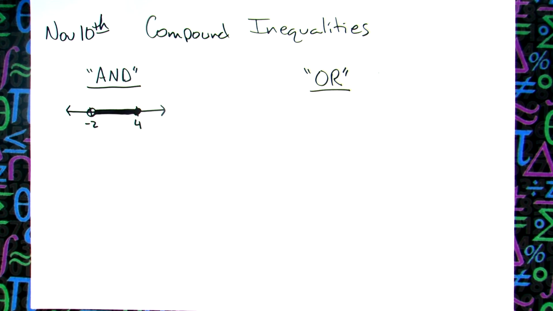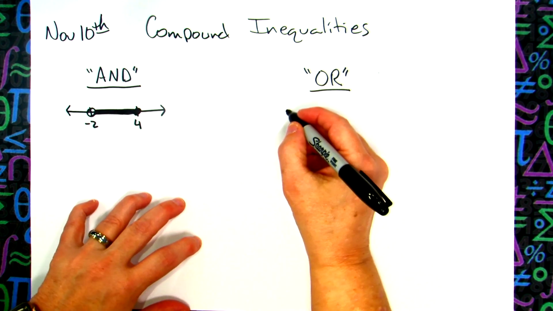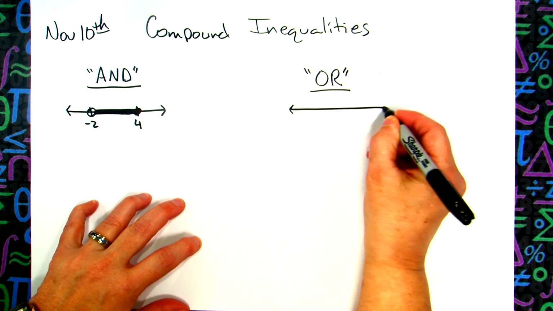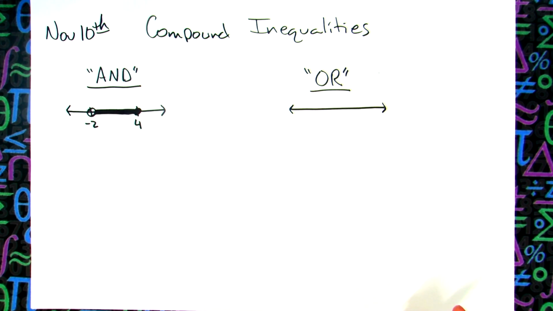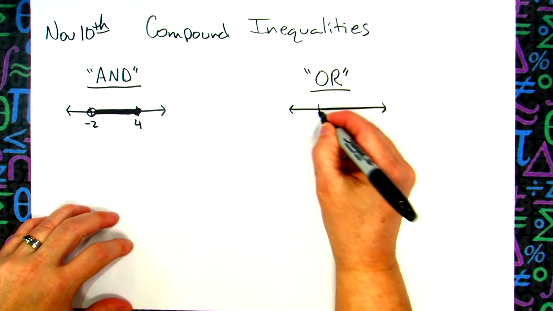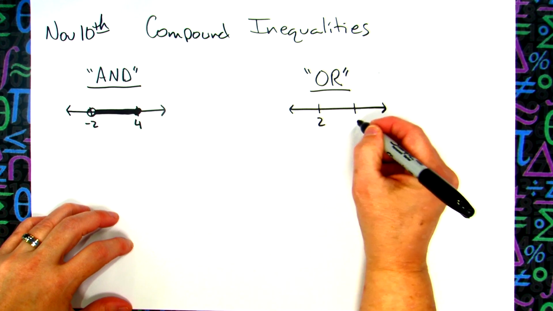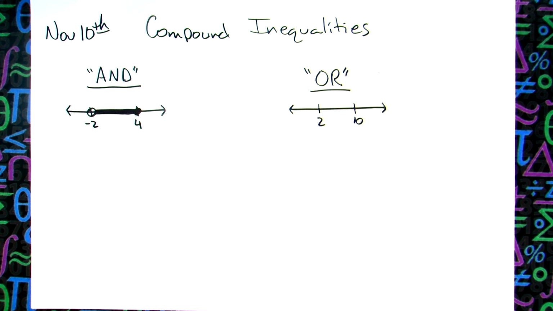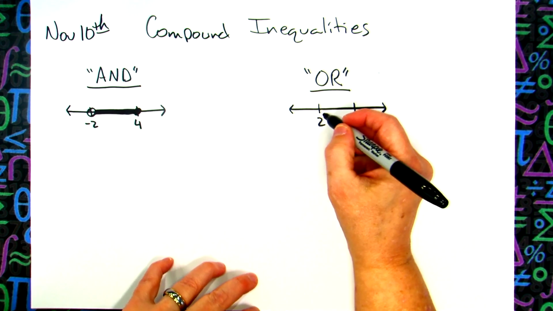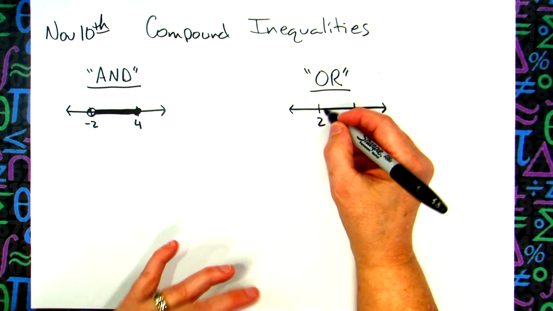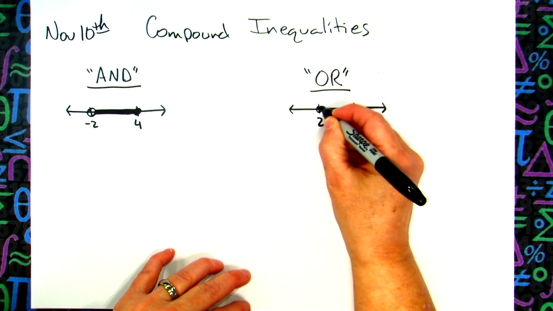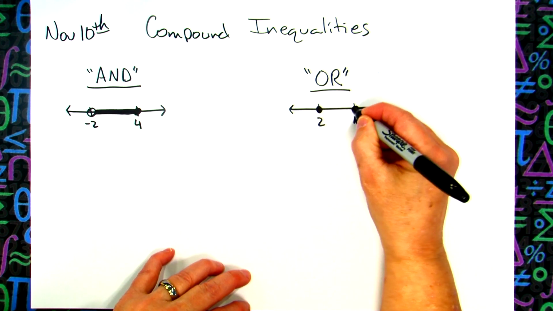Of course, unless there's an exception to the rule, but we're not going to do the exceptions today. Your or graphs, again, are going to have two numbers on them. Maybe say a 2 here and then maybe a 10 here. They don't have to be one positive, one negative. They could both be negative. They could both be positive. And again, you're going to either have open or closed dots. So this time maybe a closed dot over here and a closed dot here.